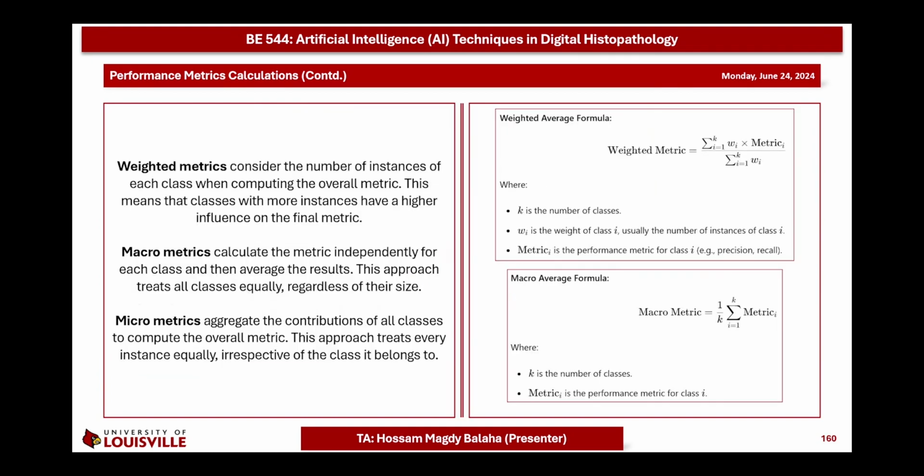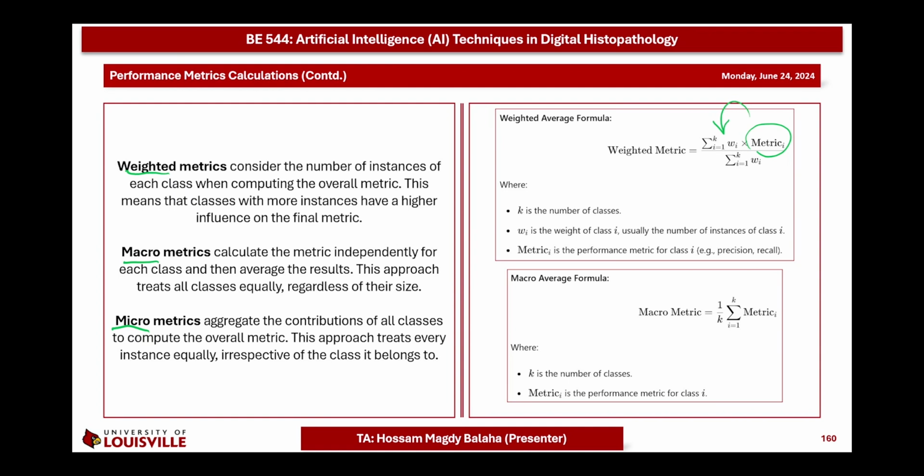So to create an overall metric such as overall sensitivity, overall precision of the system, you have three options: weighted, macro, and micro. The weighted metric considers the number of instances of each class when computing the overall metric. So this means that the classes with more instances will have higher influence on the final metric, because you are simply calculating the metric for each class and multiplying it by a weight.